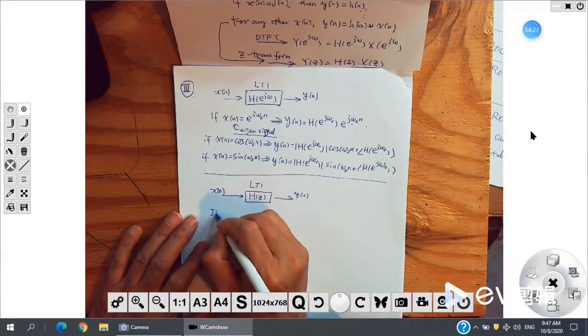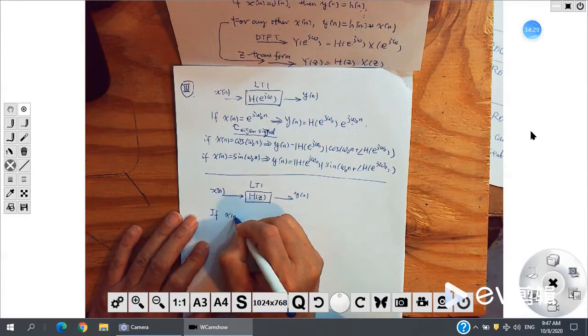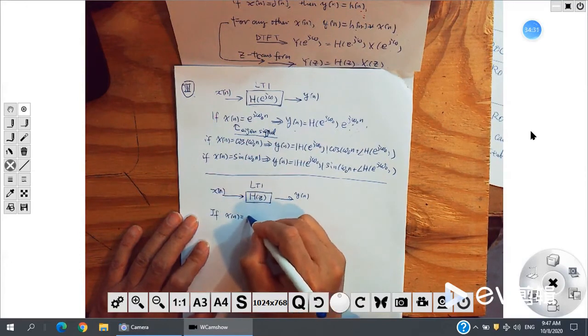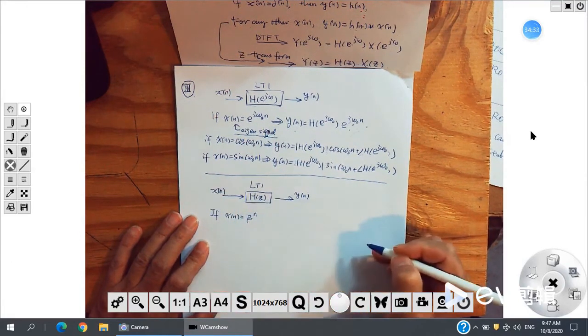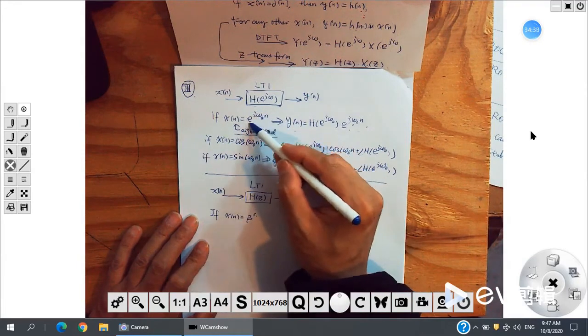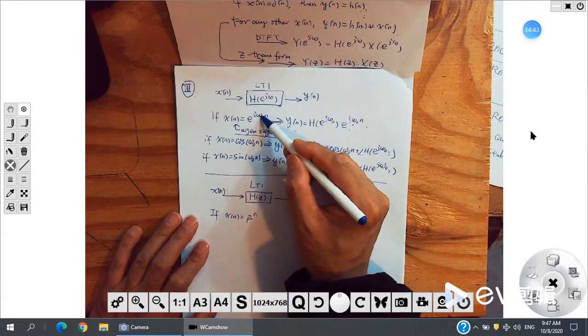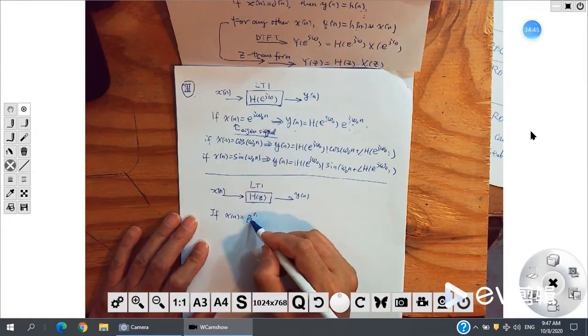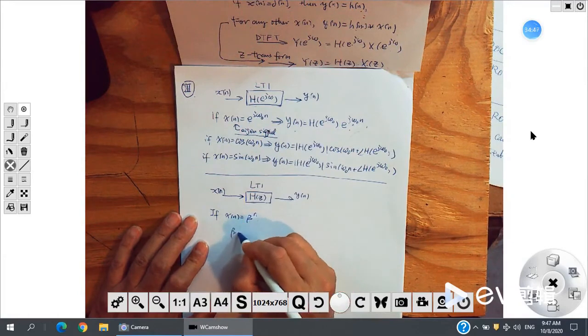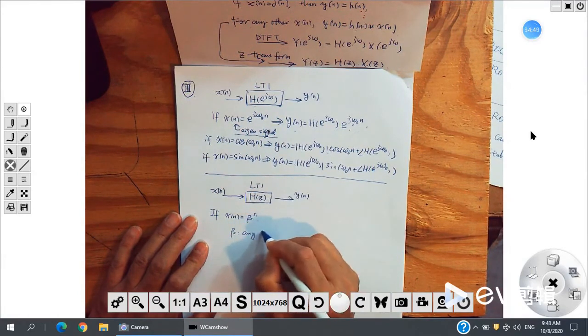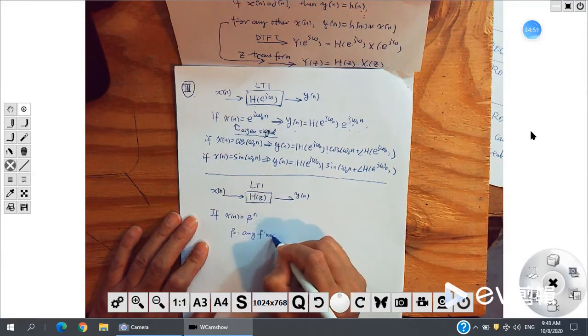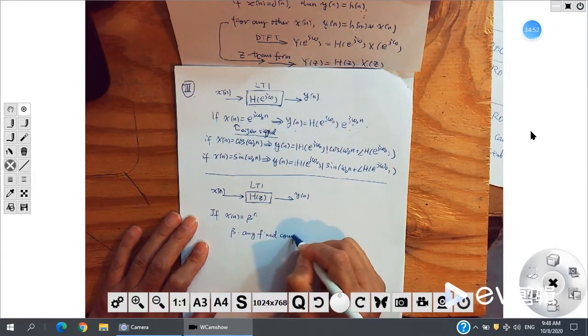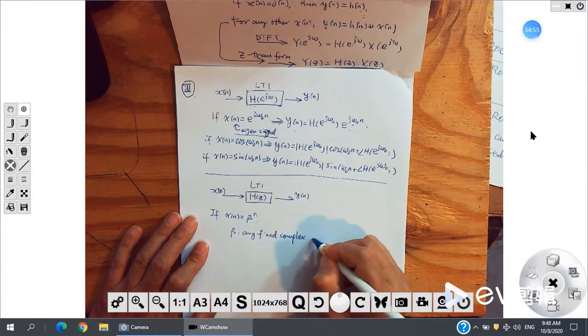If x of n is some beta to the n, where beta is a fixed number. Like here, beta is e to the j omega 0. But now beta could be any fixed complex number.